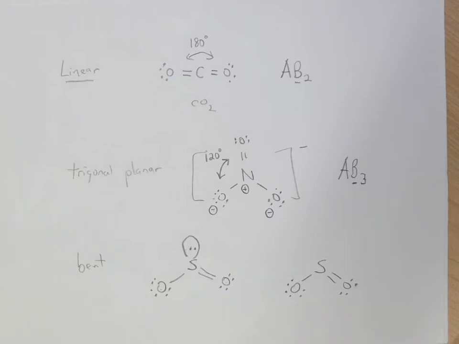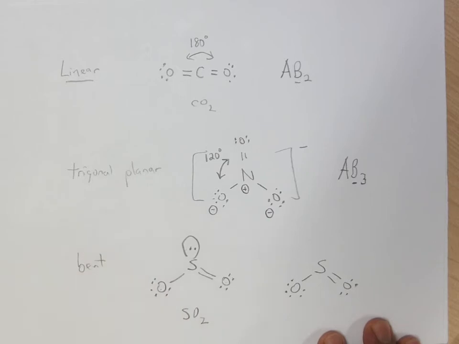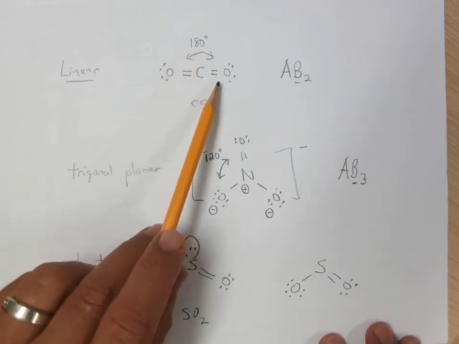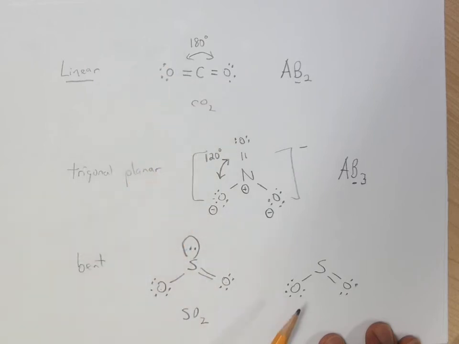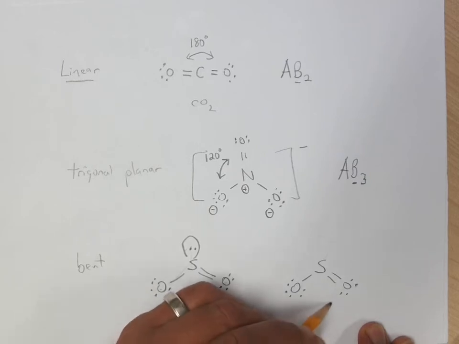And when you have two non-central atoms, like in CO2 or SO2, then if there's no lone pair, they can spread out and be linear. If there's a lone pair, that'll occupy some space, push the oxygens closer together, and you'll get a bent structure. If this was a perfect trigonal planar electron domain geometry, then this bond angle would be 120 degrees exactly.